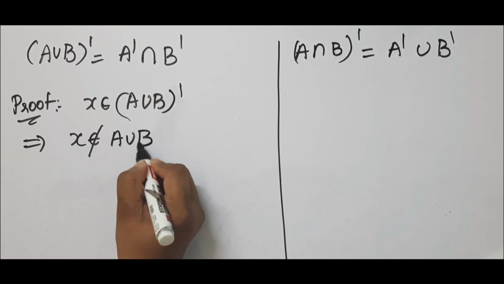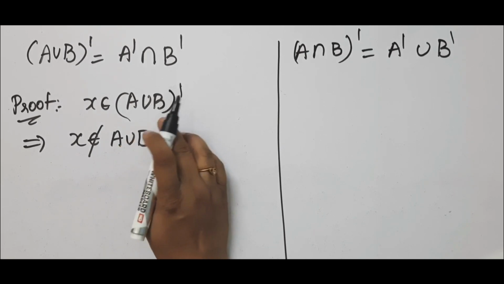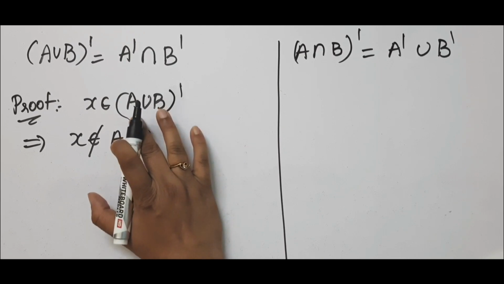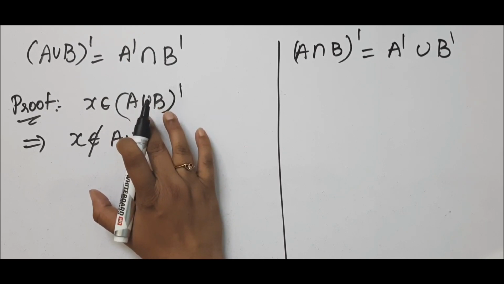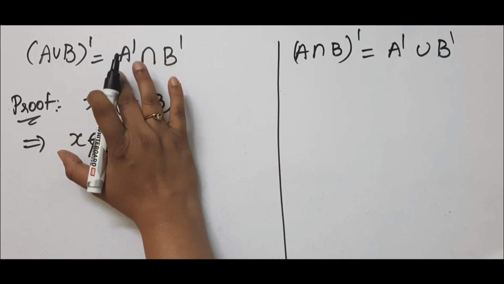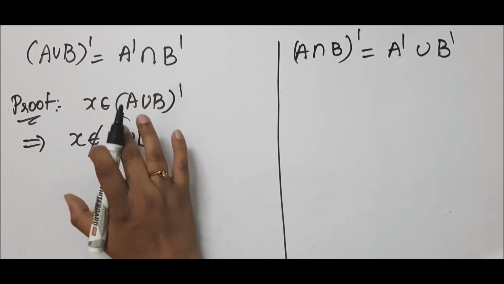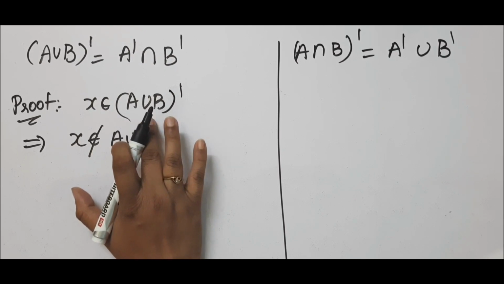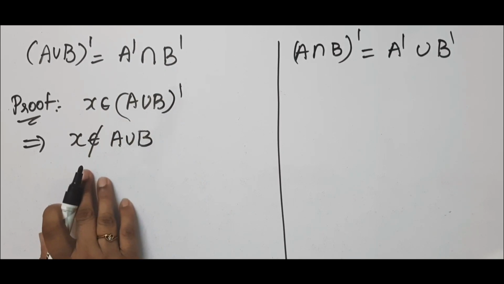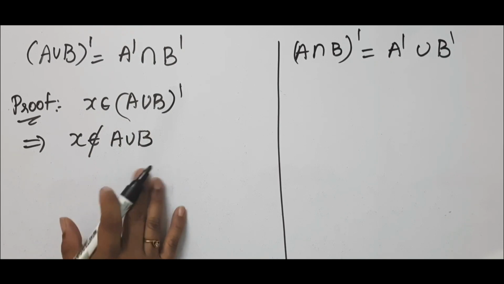As we studied in case of operations, when we write a set whole complement, it means this set contains the elements which are not in the set mentioned here. If we write A complement, it means it contains the elements which are not in set A. So similarly, A union B whole complement means it contains the elements which are not in this set A union B. So we can say that X does not belong to A union B.